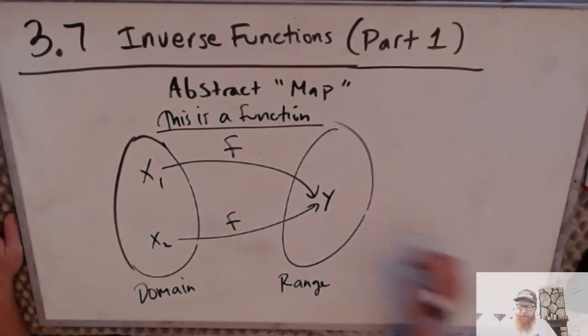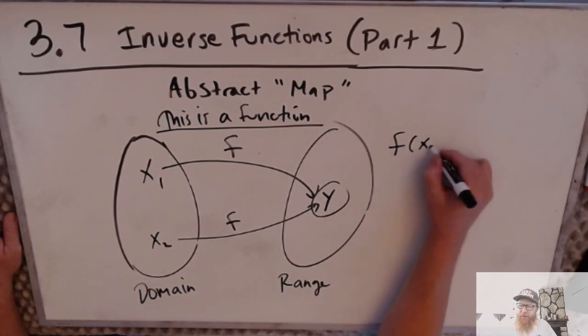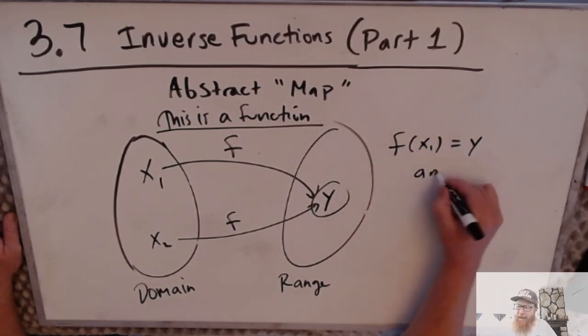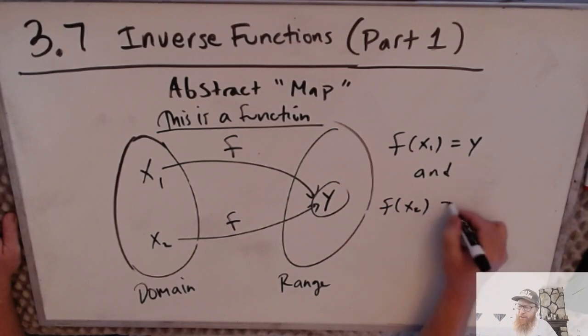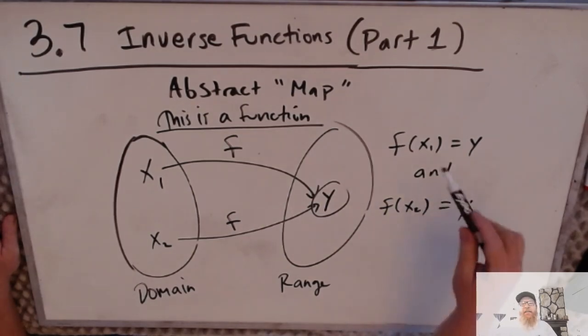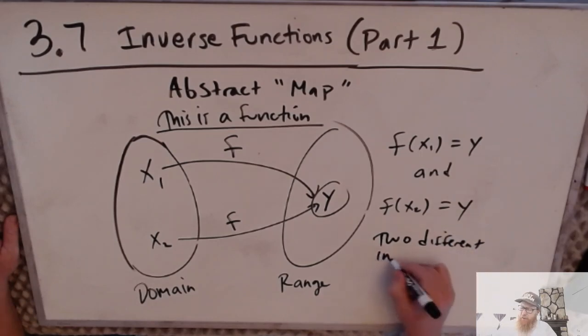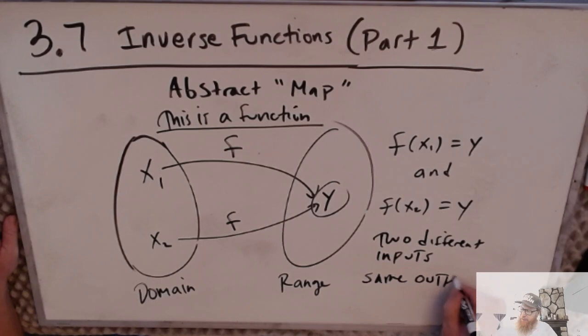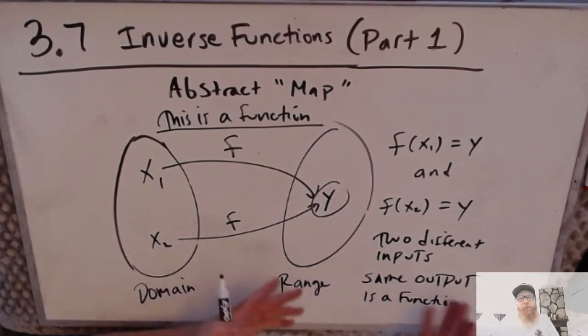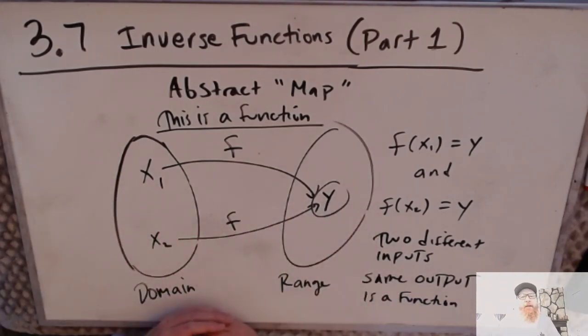That would just mean that f of x1 is equal to y and f of x2 is equal to y. Sorry, I meant two different inputs with the same output is okay. We would still say that this is a function.